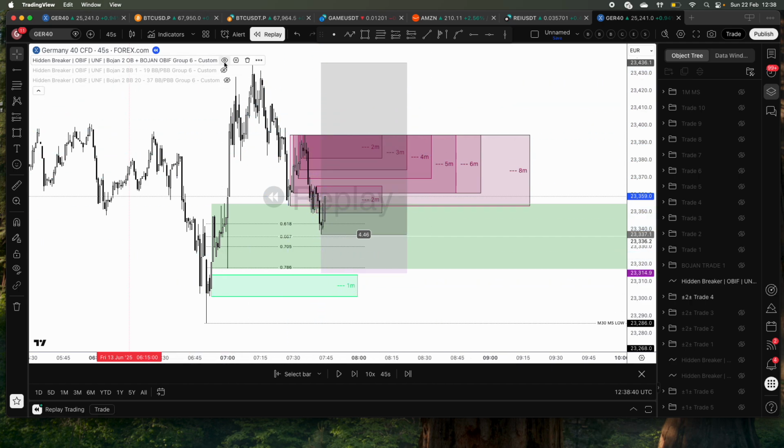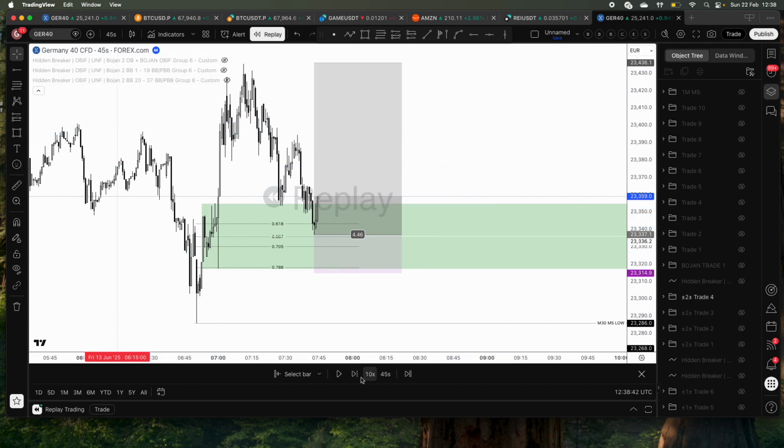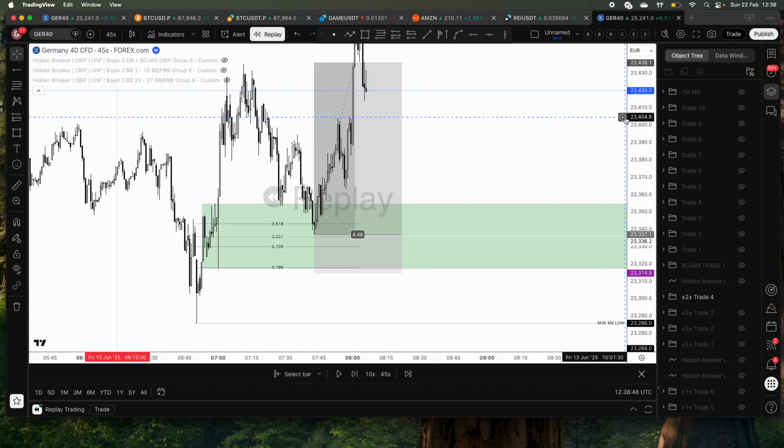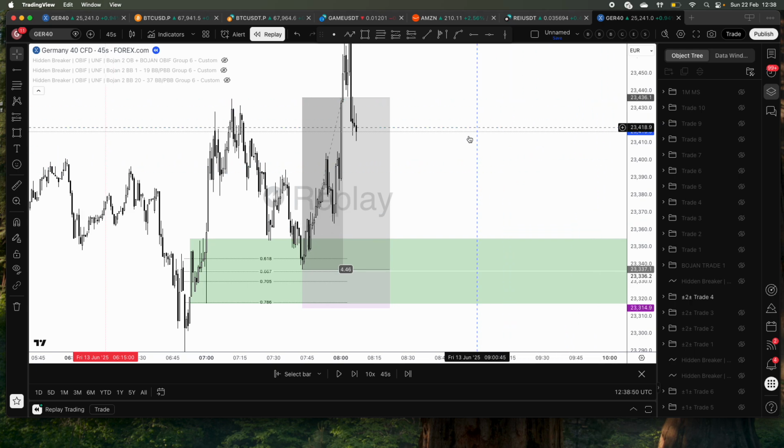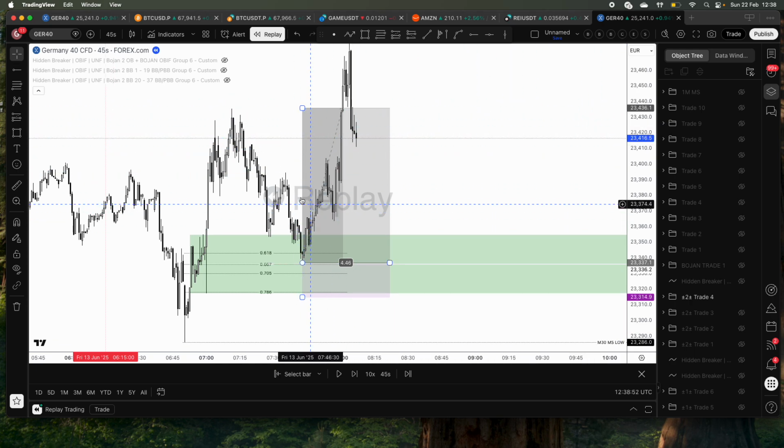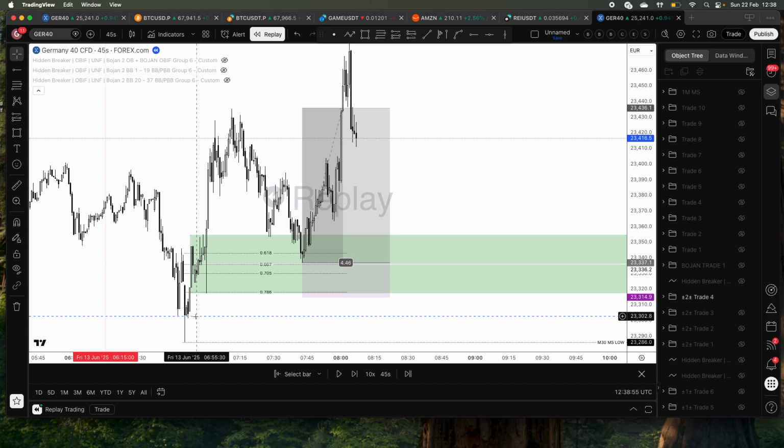If I just turn that off so it's nice and clean, and then we do make our way back up to the technical target of the high. So this is a perfect example of how you can use order blocks of inefficiencies from the indicator to capture an order flow objective trade.